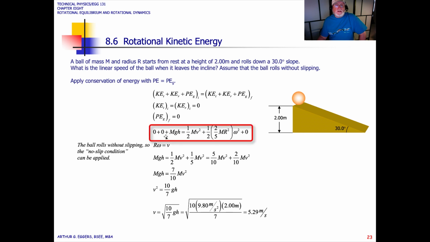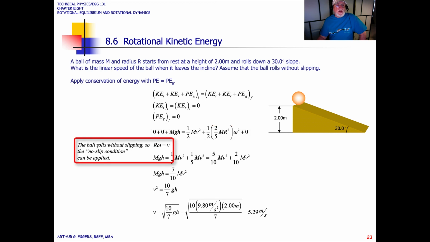So 0 plus the mass times the gravity times the height at 2 meters is equal to 1/2 the mass times the velocity squared at the finish line plus 1/2 times 2/5 mass times the radius squared times omega squared. Again, remember, we have to use the correct I. The correct I for this case is a solid sphere, 2/5 mass times radius squared, okay, and plus 0.